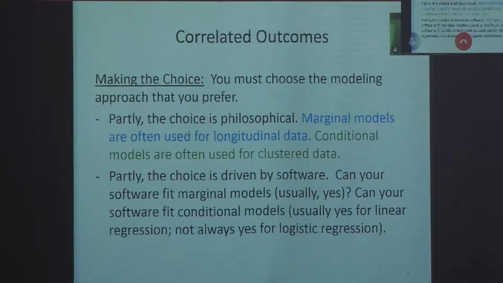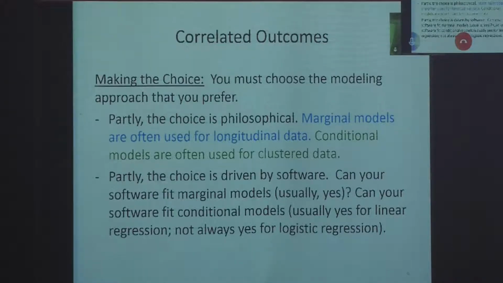It's also partly practical. So when you look in the literature, longitudinal data, very often people use marginal models. The conditional models are often used for cluster data. I introduced the notion of cluster data last week. So longitudinal data is sort of easy. You have repeated measurements over time on each individual in your study. The correlation comes through the fact that each person is measured multiple times.